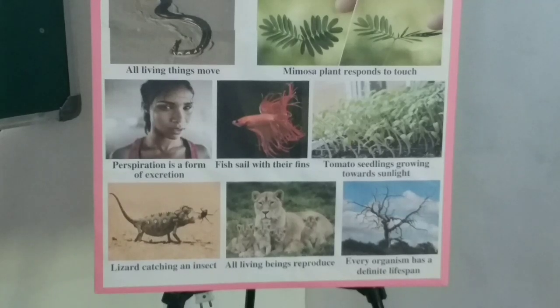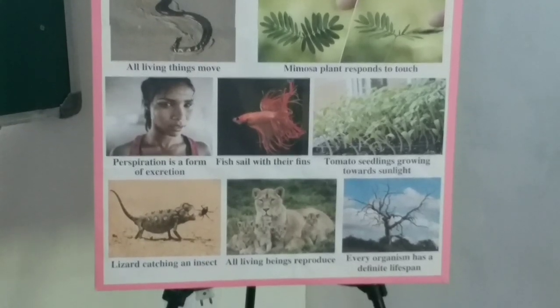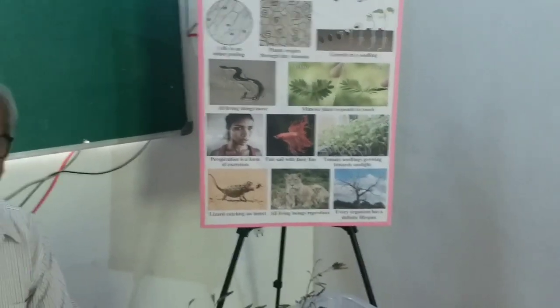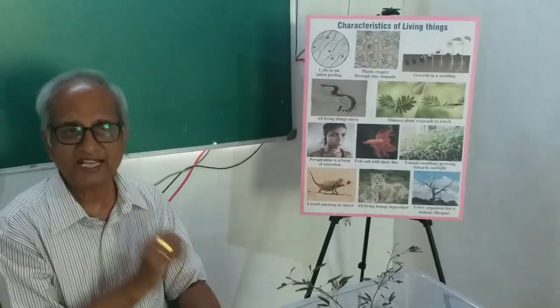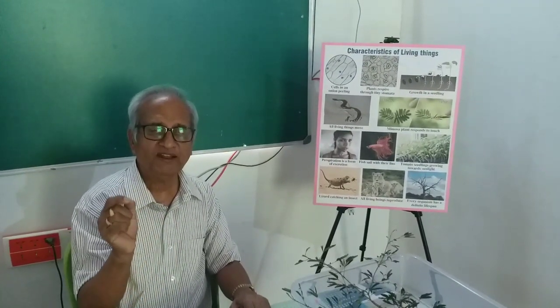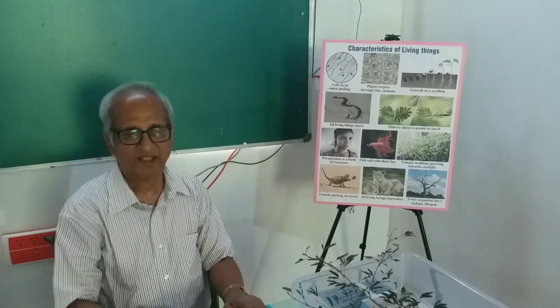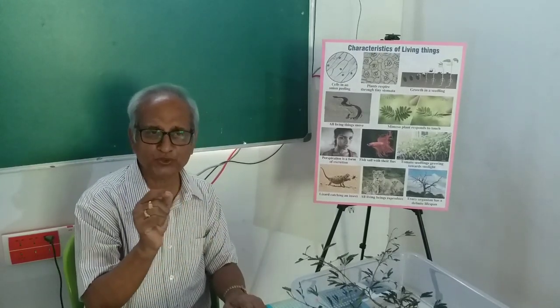Okay. The fourth is the lifespan. Each and every plant as well as animal has its own lifespan. A butterfly may live for 2 to 3 days.